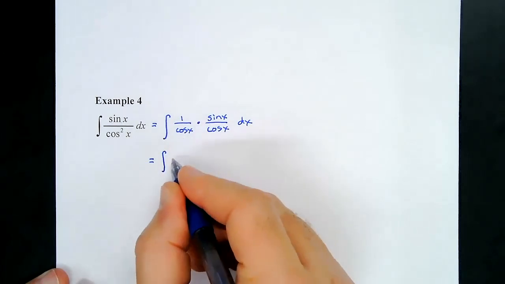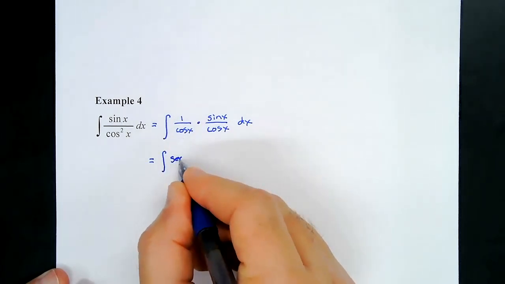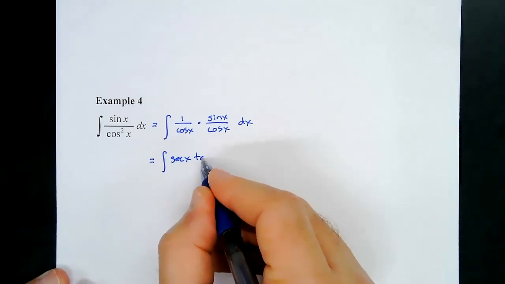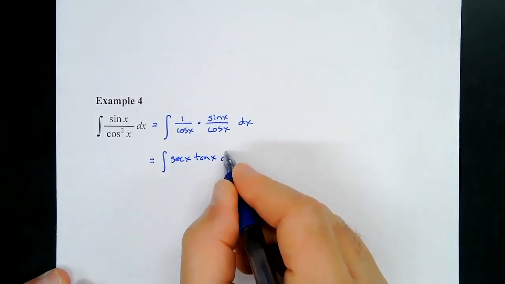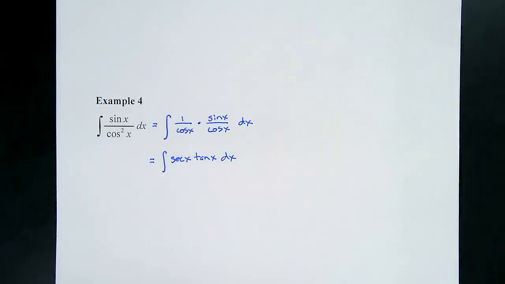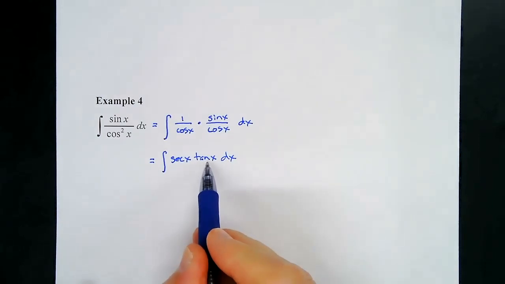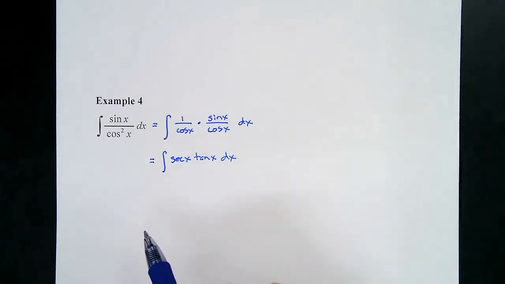So 1 over cosine x becomes secant of x, and sine x over cosine x becomes tangent of x, and then dx. And okay, so what is it that I could take the derivative of and get secant x times tan x? What you could take the derivative of is secant x. So that would mean the antiderivative of secant x tan x, it came from taking the derivative of secant x.